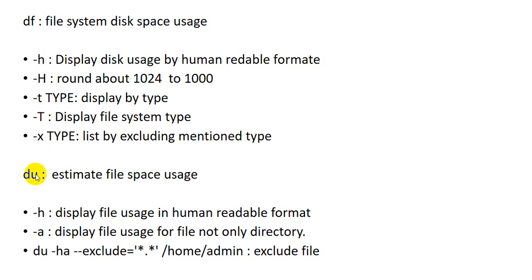Now the fifth command is du, which estimates the file space usage. It will show you the file space usage. So if you want to see the space used by a particular file, you can use the command du. The small h option will display usage in human readable format. -a will display file usage, that is, it will display the file usage and not only the directory.